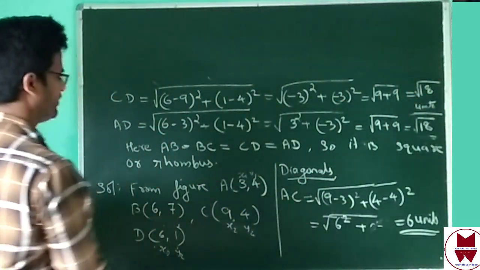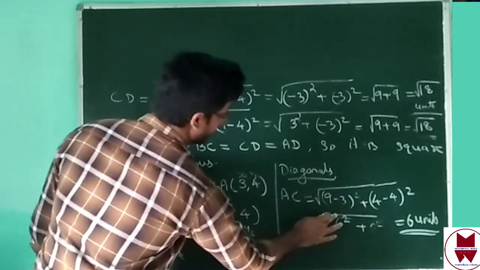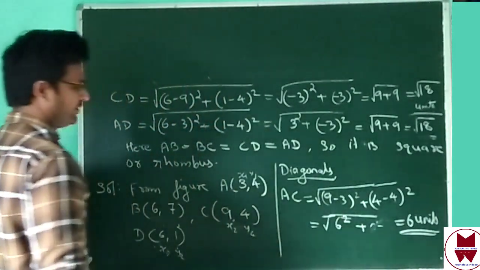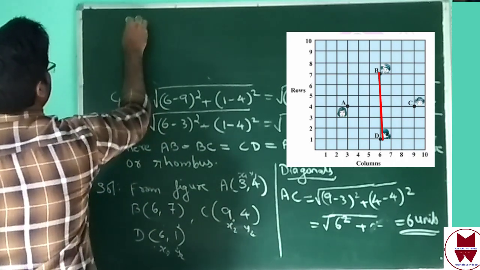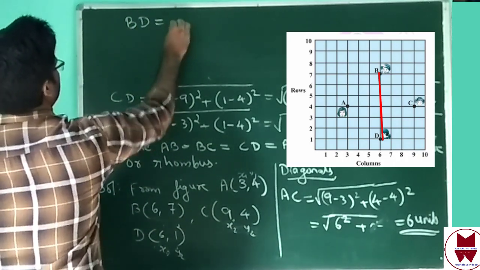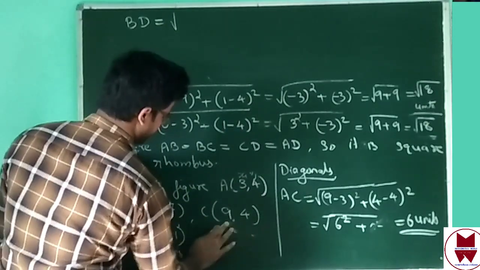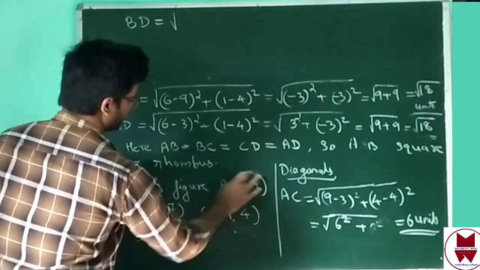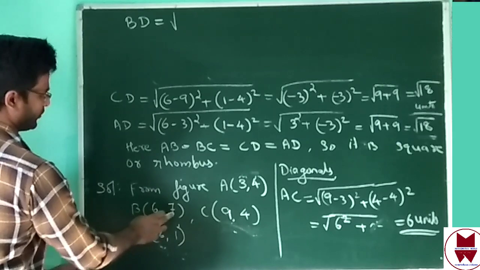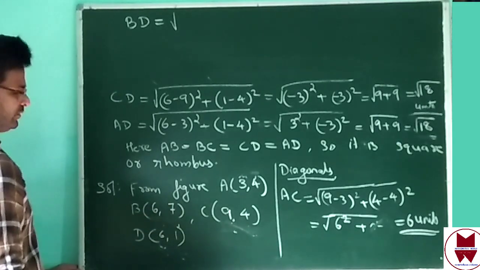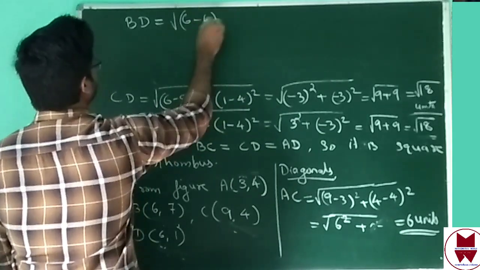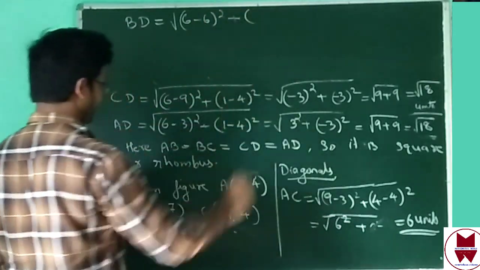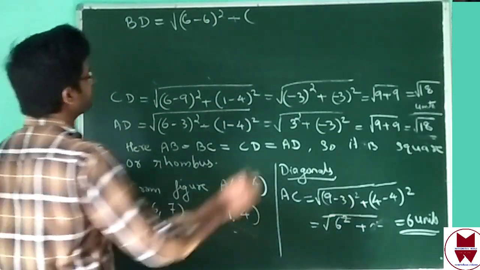We got one diagonal. Then what is the second diagonal? That is B and D. BD. Square root of, consider B and D. This is x1 y1. This is x2 y2. 6 minus 6, plus y2 minus y1, 1 minus 7.